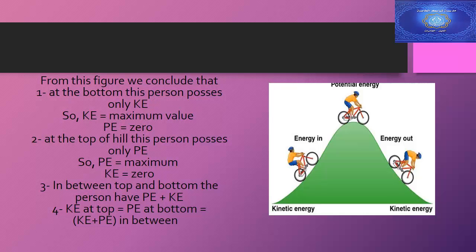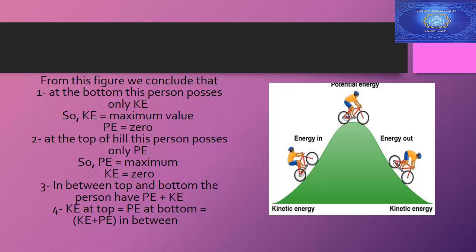And between top and bottom, the person has potential energy and kinetic energy, because the person moves with speed and there is a height above the ground. So between top and bottom we have two types of energy, which are potential energy and kinetic energy. KE at the top equals PE at the bottom equals the addition of potential energy and kinetic energy in between.